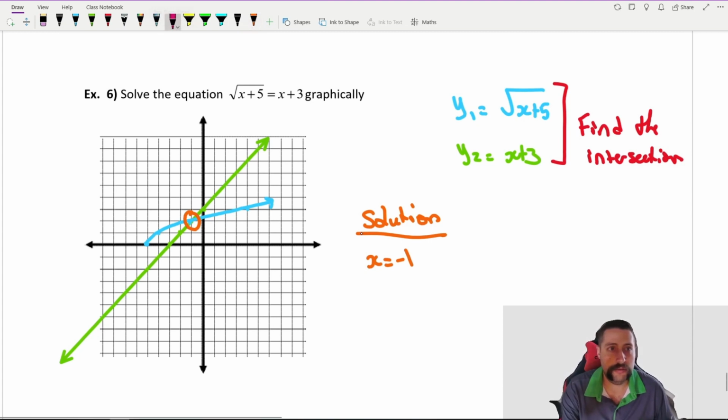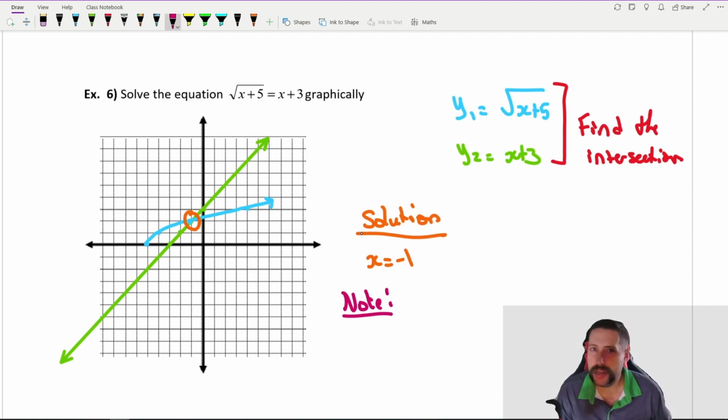Just a quick little note. The only answer is x is equal to -1. Now you're probably wondering, well, why don't we include y? In the original question, there are no y values, right? It's only x values. So that's why in our answer, we can only state the x value. There are no y values. So let's just make sure we write that down.